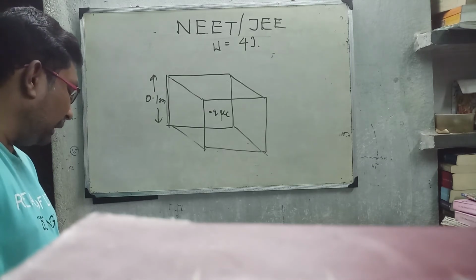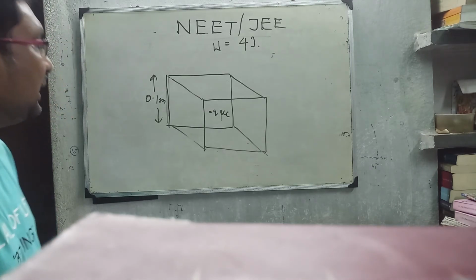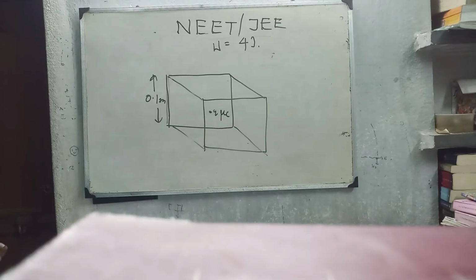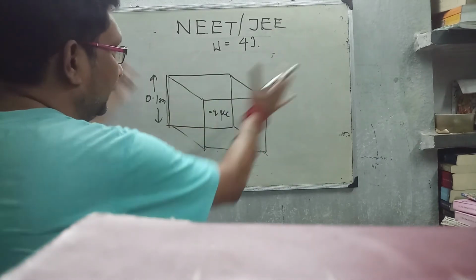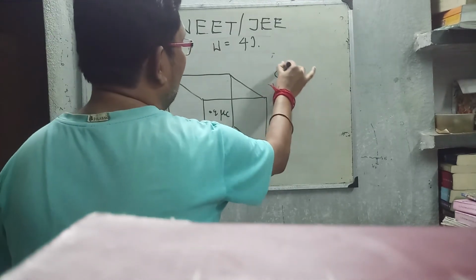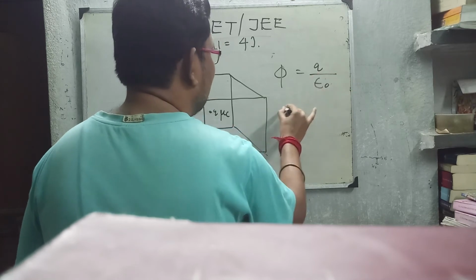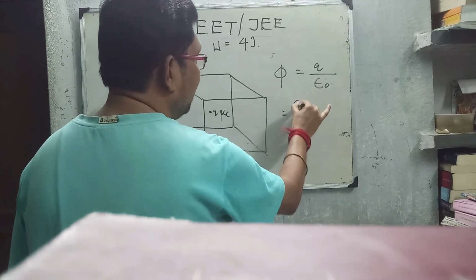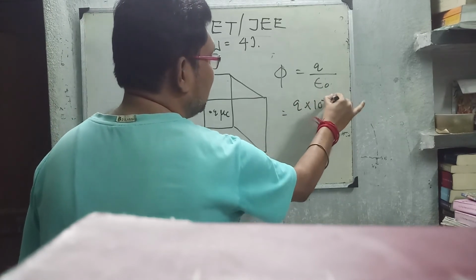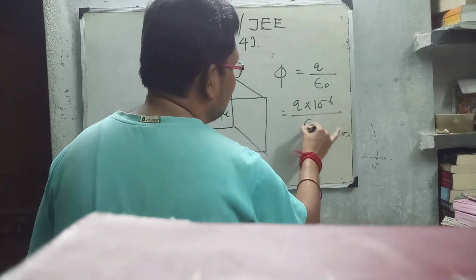Then the electric flux diverging from each face. The total electric flux diverging from the cube is, from Gauss's law, phi equal to q by epsilon 0. Here q equal to Q microcoulomb given, Q into 10 to the power minus 6. You have to convert it in coulomb, by epsilon 0.